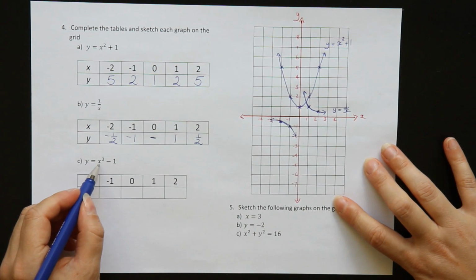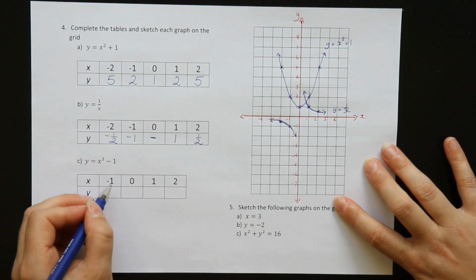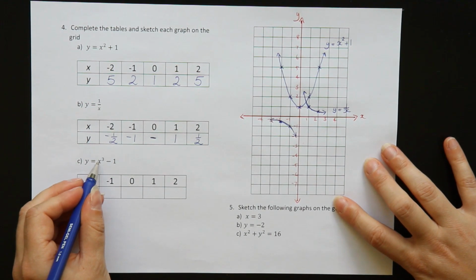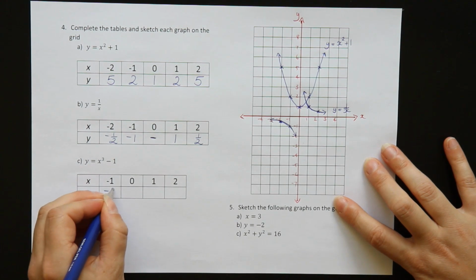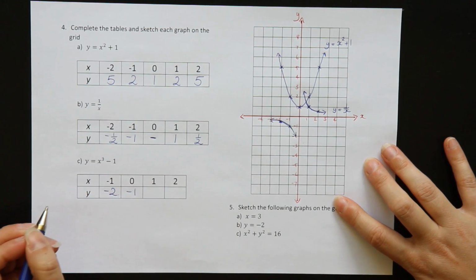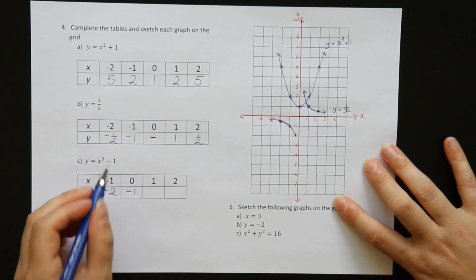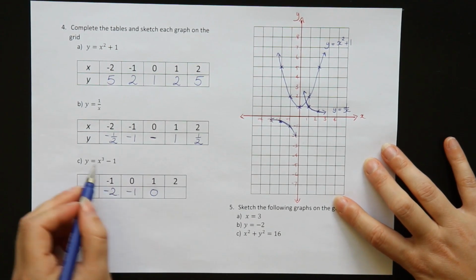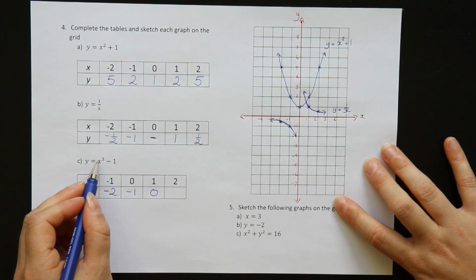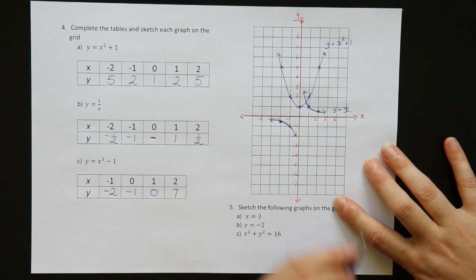C, y equals x cubed minus 1. So our cubic. Minus 1 cubed is minus 1, minus another 1 makes minus 2. 0 cubed is 0, minus 1 is minus 1. 1 cubed is 1, minus 1 is 0. 2 cubed is 8, minus 1 is 7. Let's plot those.